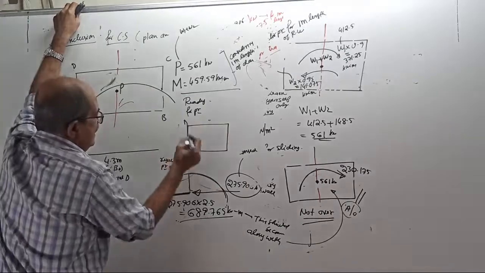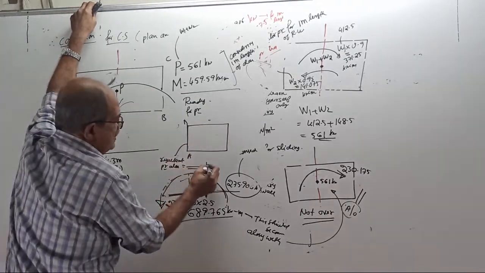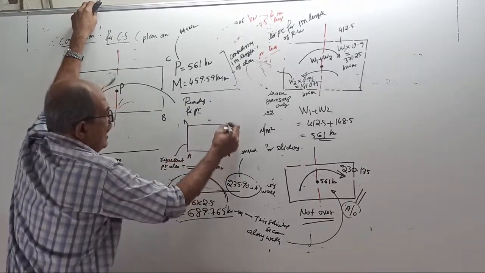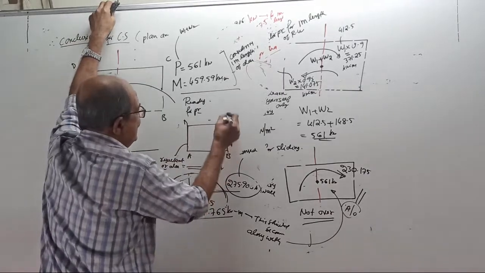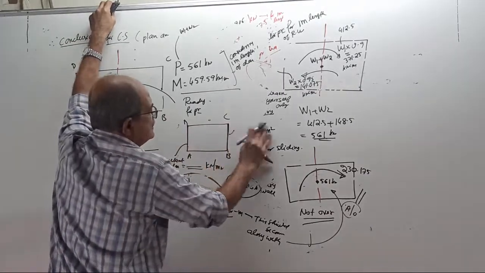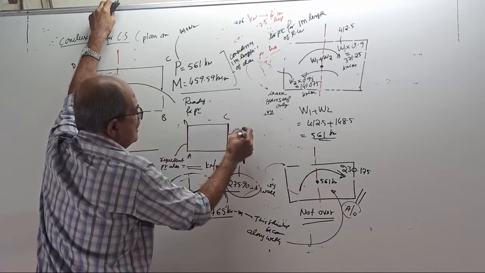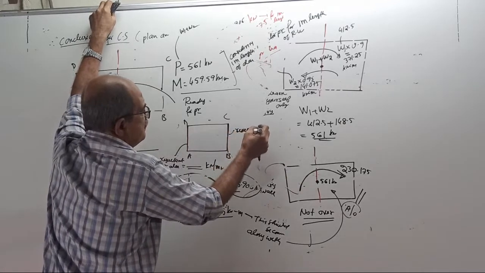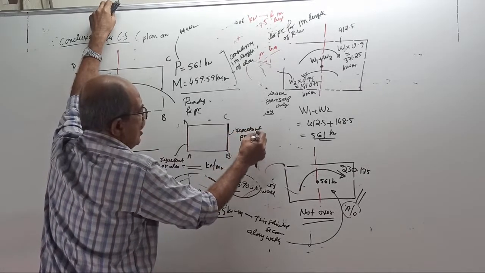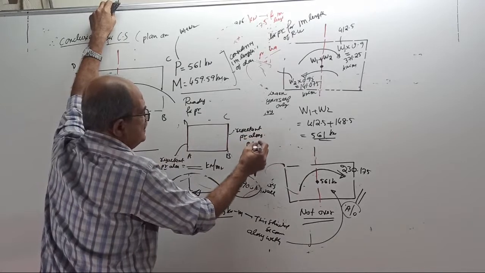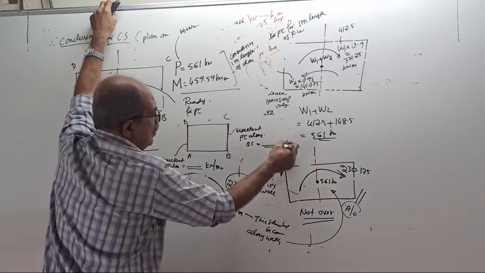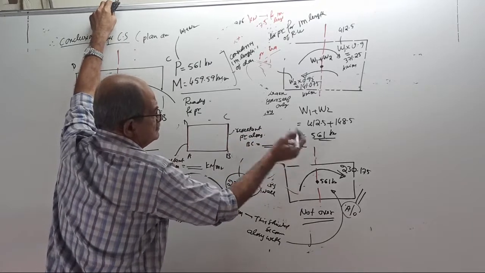Along AD. I want the answer in kilonewton per meter square, and also along BC edge. Both in kilonewton per meter square I want.